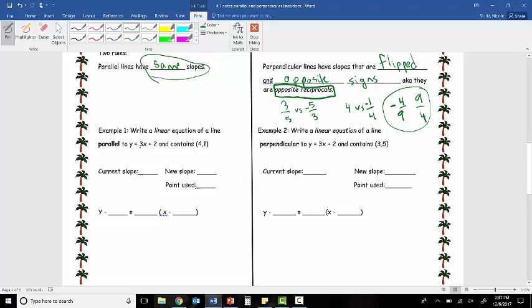So right now, my current slope is 3. My new slope of this new parallel line will still be 3 because parallel lines have the same slope. And the point you are to use for this equation is (4, 1).